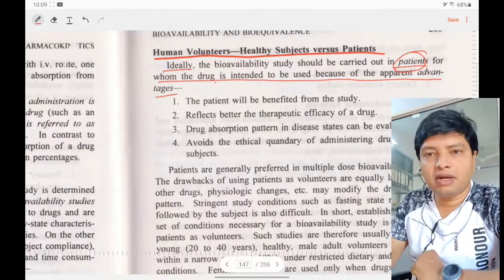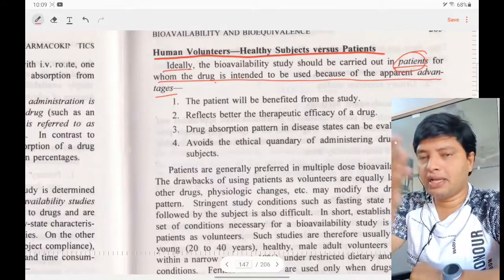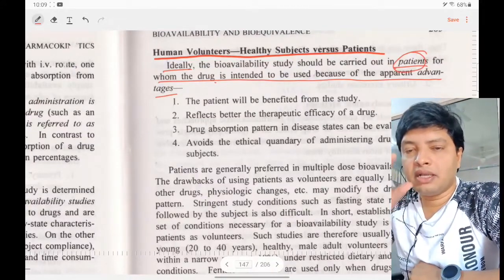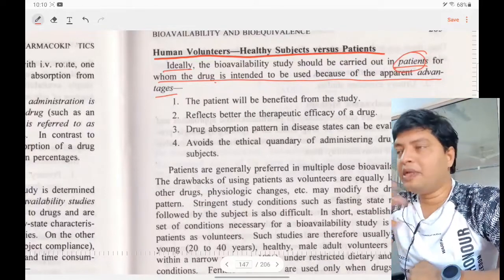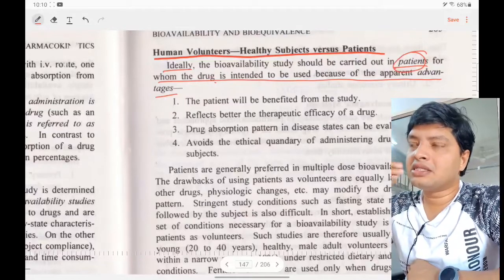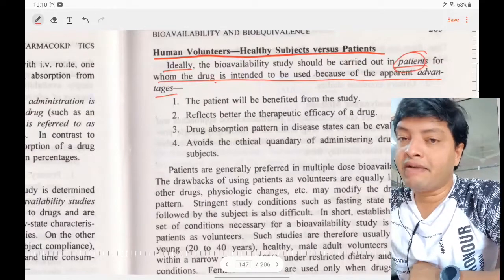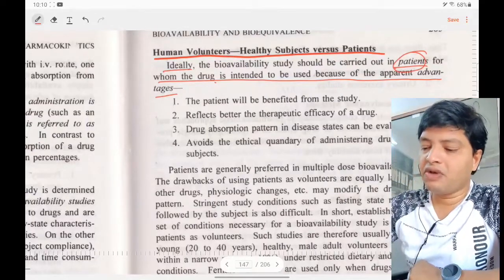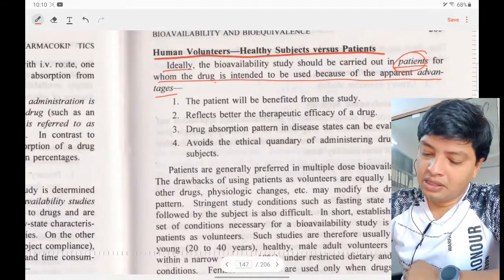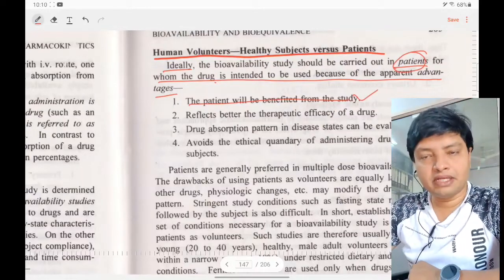Among healthy subjects and patients, you need to consider patients, because the patient has the disease and you are studying the drug which he needs to take for the treatment of that particular disease. If you conduct the study in patients, it will be advantageous. First advantage: the patient will be benefited from the study.